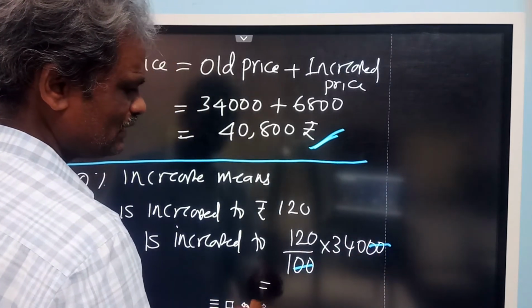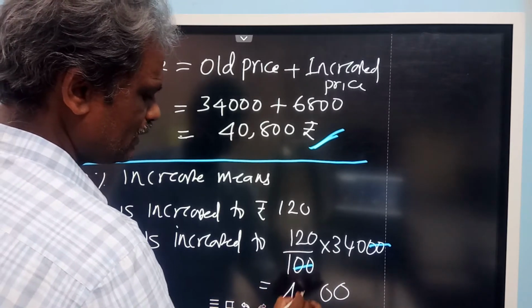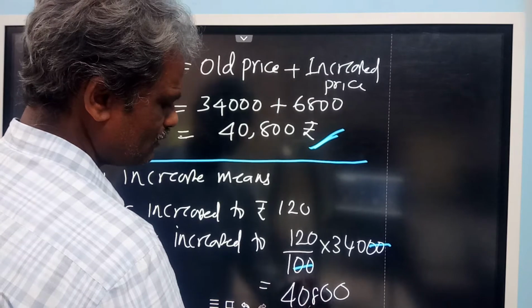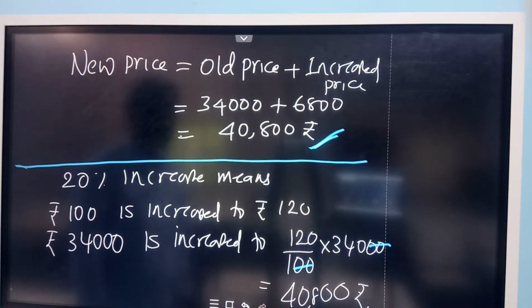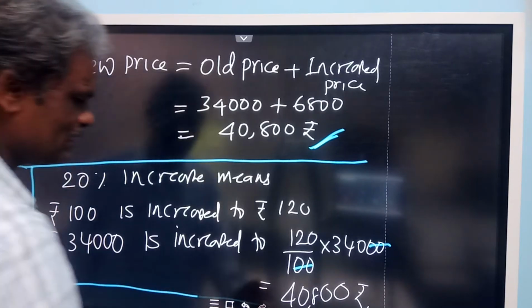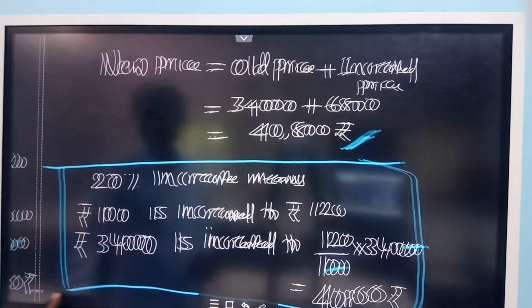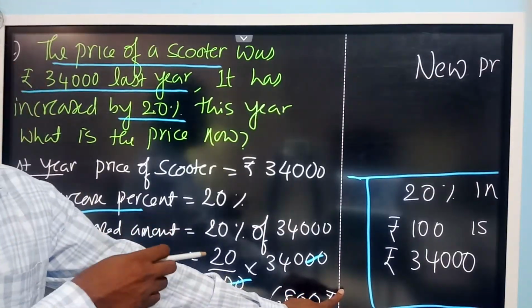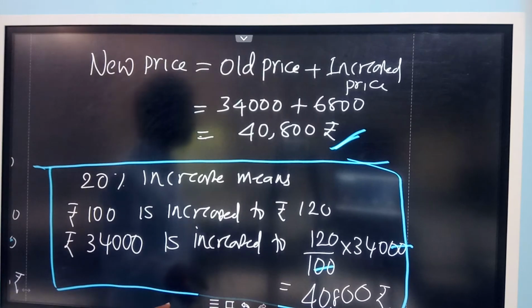If you multiply these two, 40,800. So this is the amount that you will get directly. So this is another method of calculation. You can do in any method, directly by using the percentage concept, and this is again by unitary method we have done this. So both are correct.